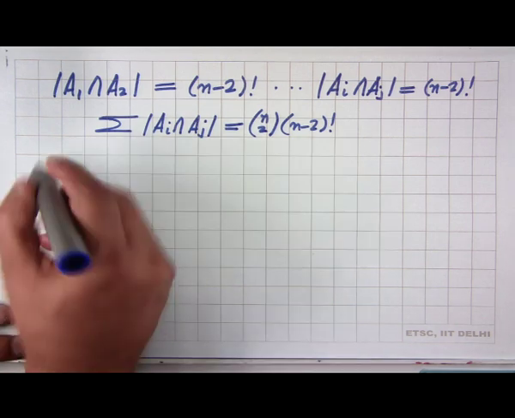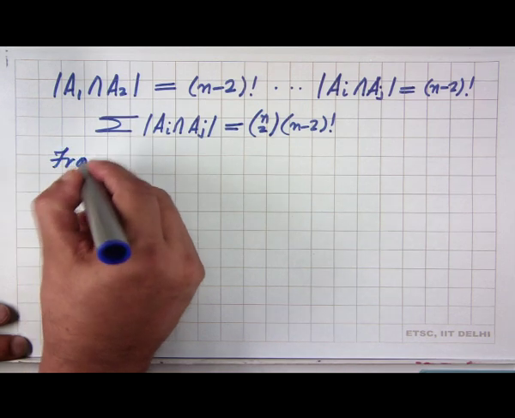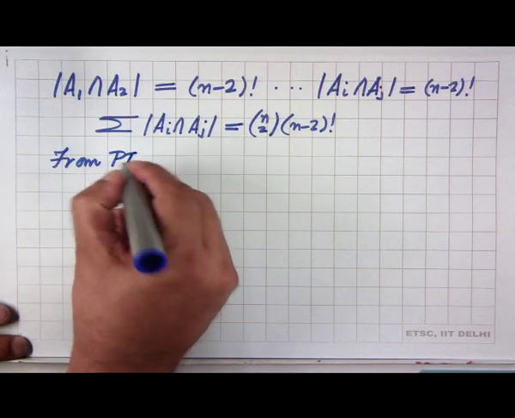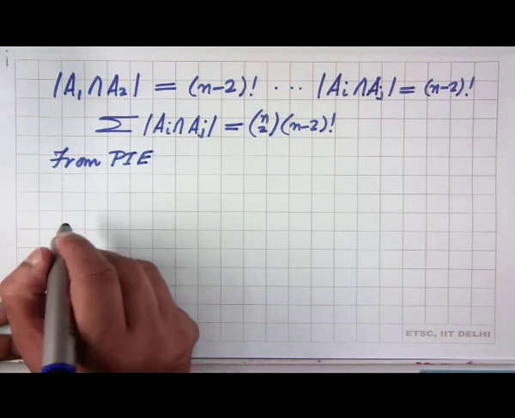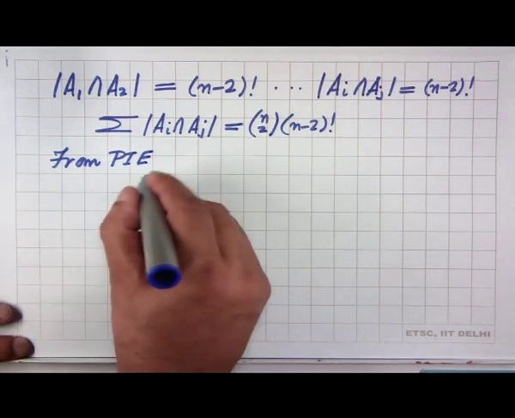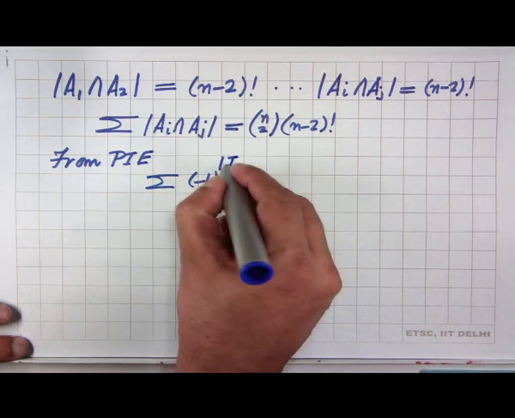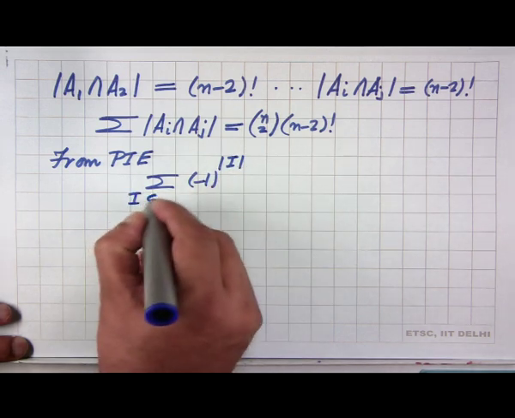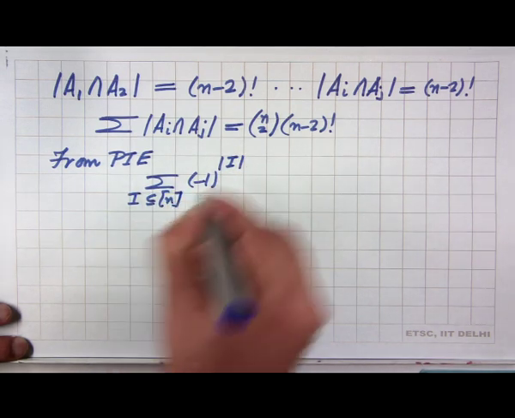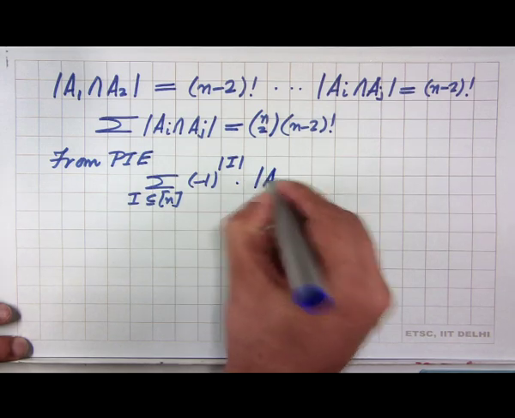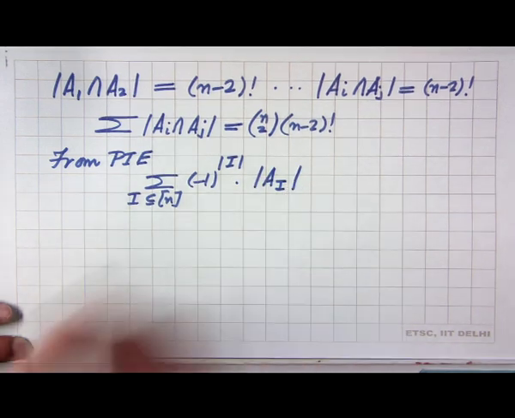Therefore, from the right hand side of pi, I get sigma minus 1 to the power of cardinality of I, I a subset of n, into the cardinality, the number of elements in Ai.